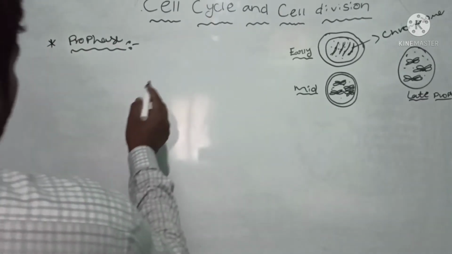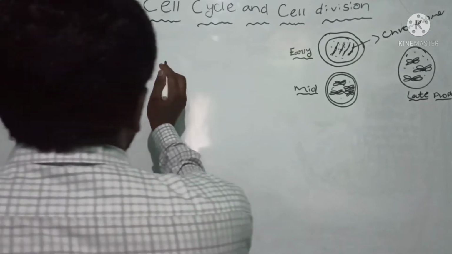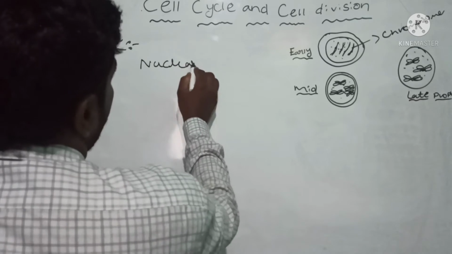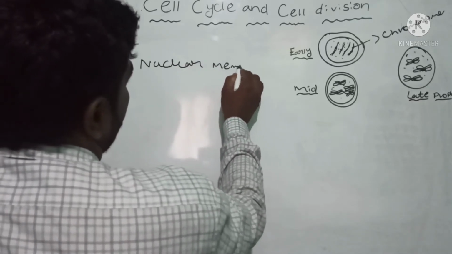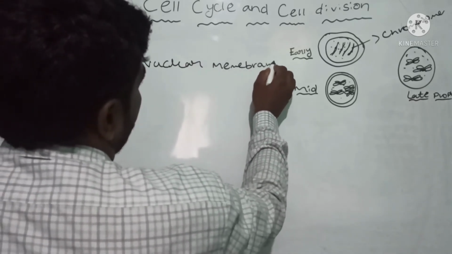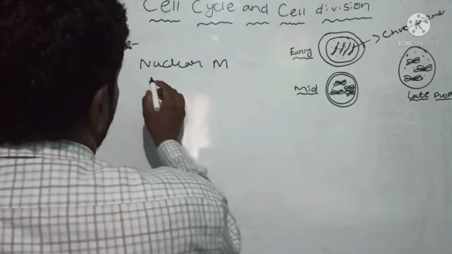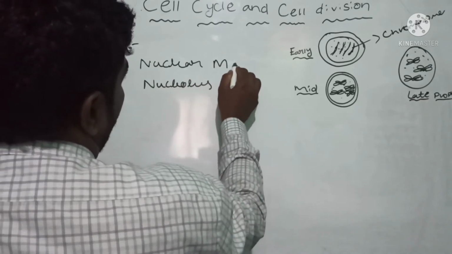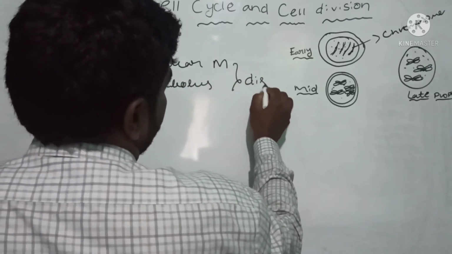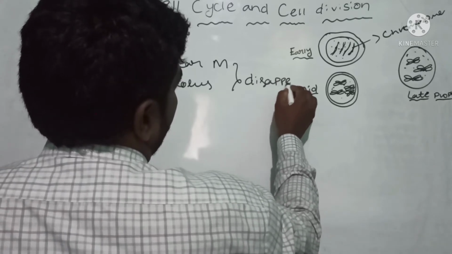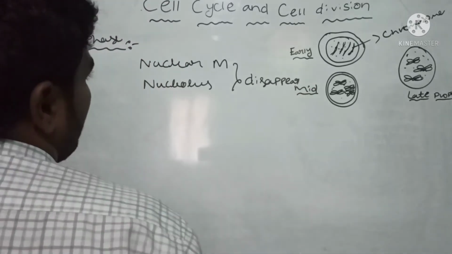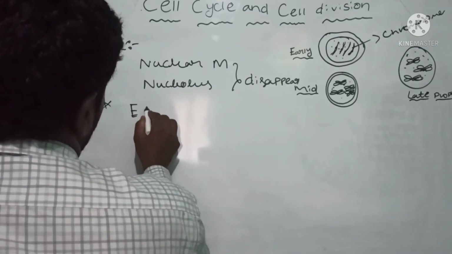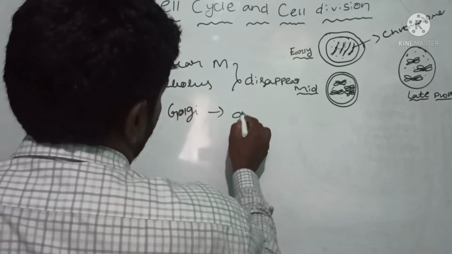So what happens in the prophase stage? The nuclear membrane and nucleolus disappear, and organelles like the ER and Golgi complex also disappear.